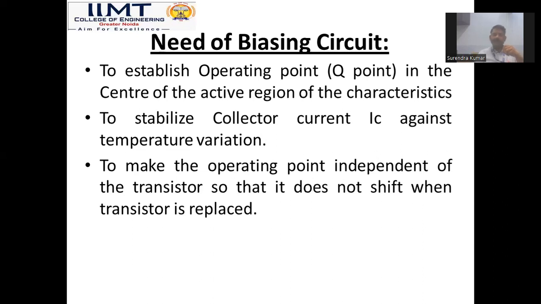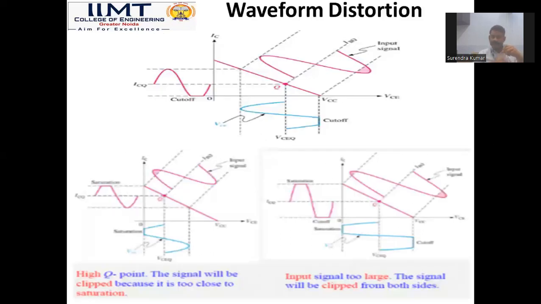To understand this phenomenon, let's see this diagram, in which you can understand better what happens if the Q point or operating point is not fixed in the middle. What kind of distortion will we have in the output waveform?